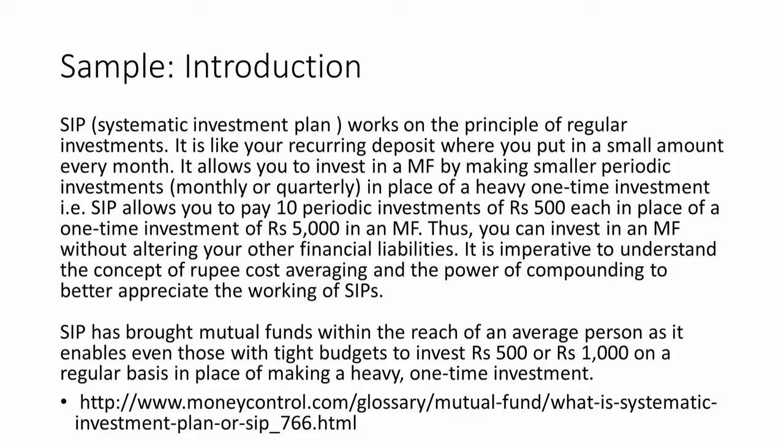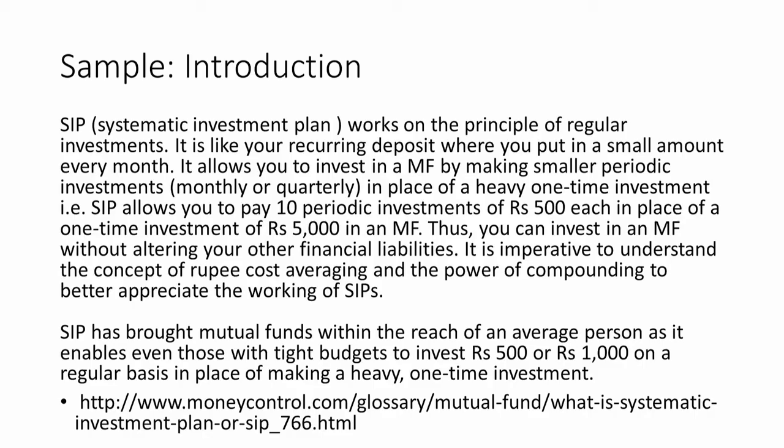So, in place of a heavy one time investment, that is SIP allows you to pay 10 periodic investments of rupees 500 each in place of a one time investment of rupees 5,000 in an MF. Thus, you can invest in an MF without altering your other financial liabilities.